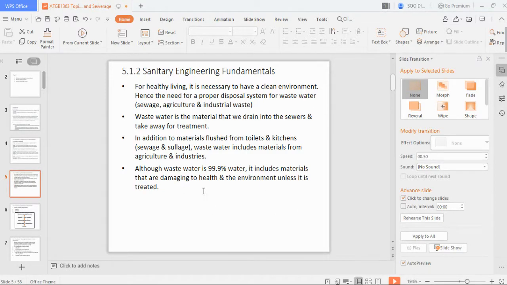So that's why treating waste is very important, because this wastewater includes waste and bacteria which is harmful to us. So we are actually using bacteria to clean up this wastewater. Usually this wastewater is very damaging to our health and environment.